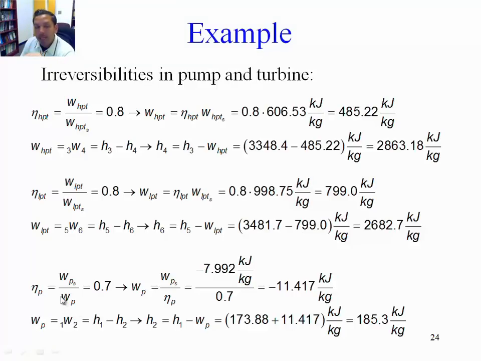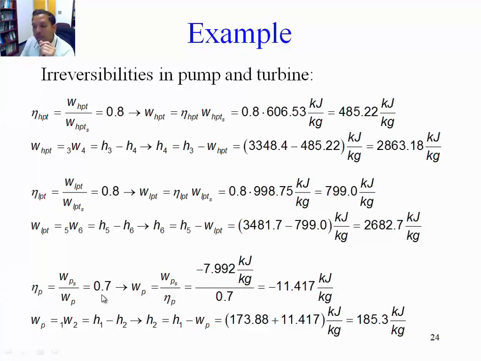Now remember, the adiabatic efficiency in a pump is defined the other way around. It's the reciprocal of the efficiency of a turbine, because in a pump, the ideal work is less, in magnitude, than the real work. So it is ideal or isentropic divided by real. Remember that when you define efficiency, you always want the bigger number in the denominator so that this yields a number that is less than 1.